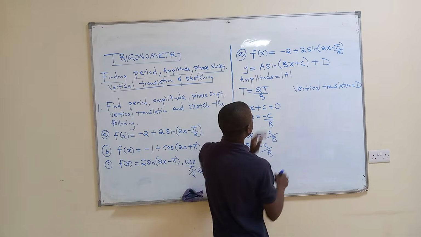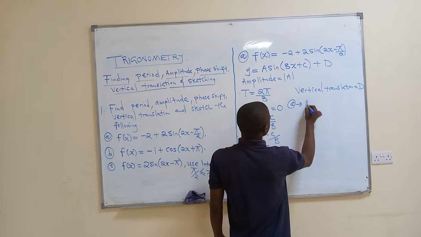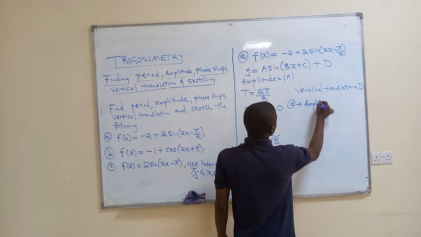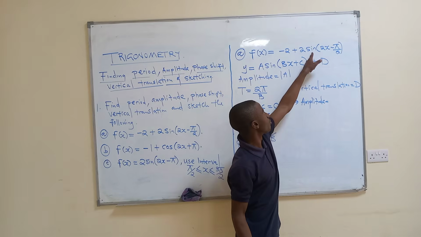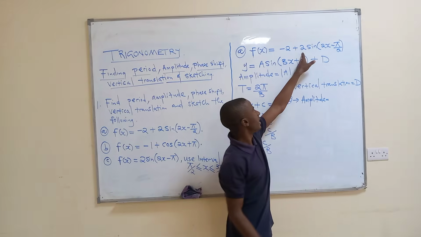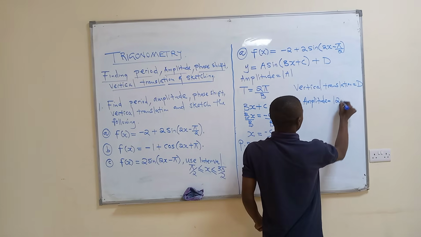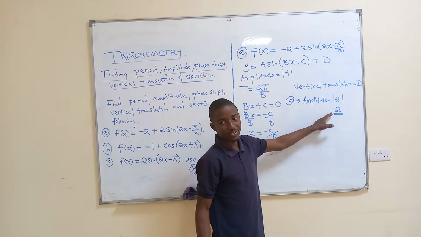So the amplitude, A, is just the modulus of the coefficient of the trig ratio. The modulus of 2 is 2, so the amplitude is 2.